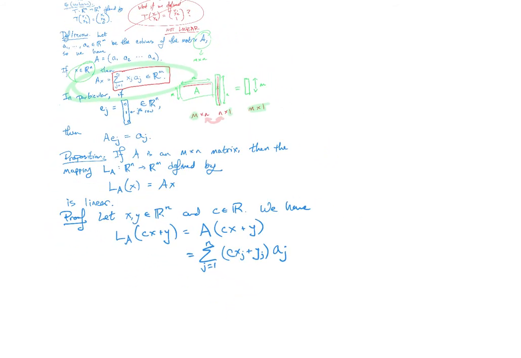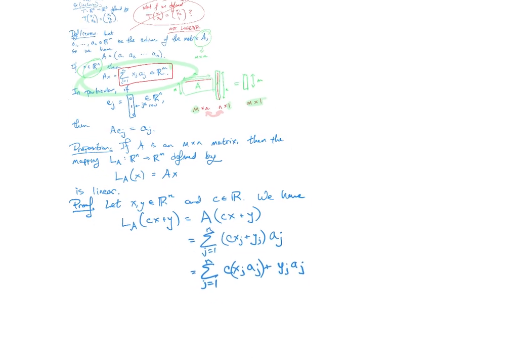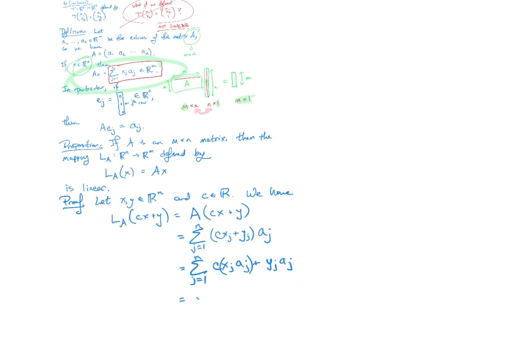And so I am going to just allow us to write this as C xj Aj plus yj Aj. And I'm going to group that way. And now we see that this is literally C LA of x plus LA of y. Okay. So we satisfied the condition of being linear.